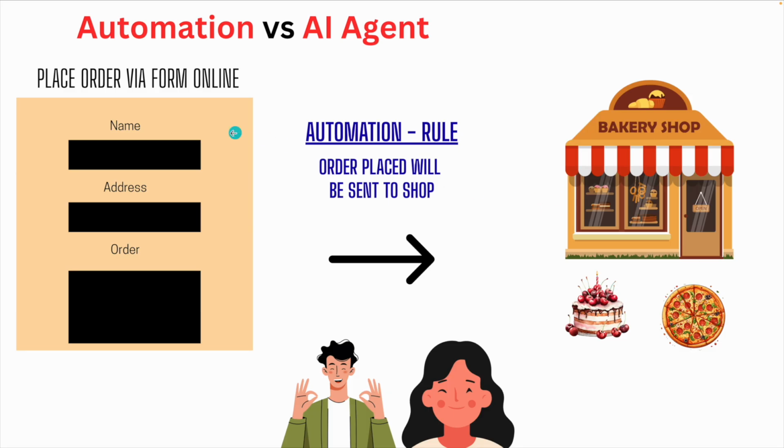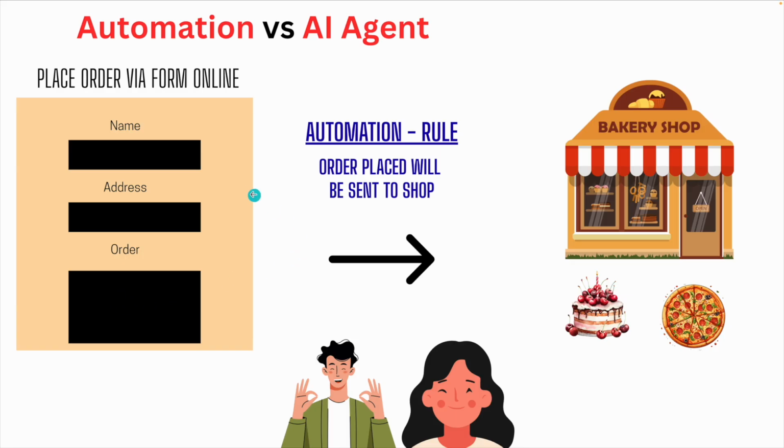On my website I created a form that helps users place an order online. Users have to put their name, their address where they want the order delivered, and the order details, like what type of pizza they want: extra cheese, non-veg pizza or veg pizza. All such details have to be provided in the order.